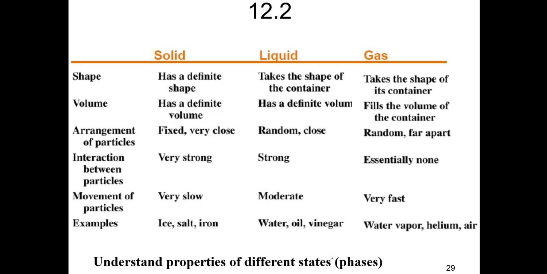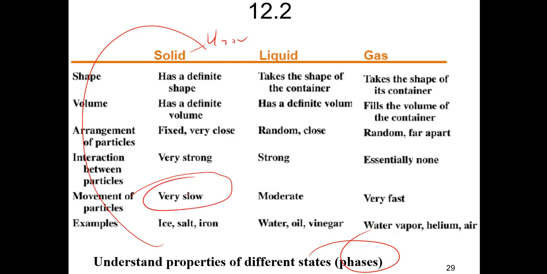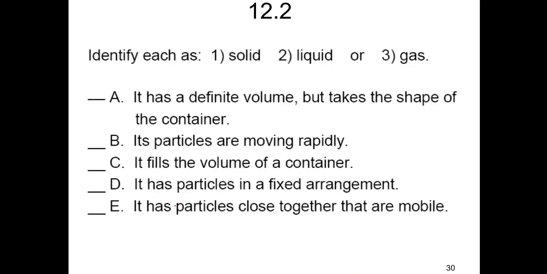Usually we use S for solid, L for liquid, G for gas. Make sure you know the three states. And another word for state is phase. So that means the same thing. And then don't forget, even though you may have a solid, the particles are still moving, they're vibrating. So it's very slow.